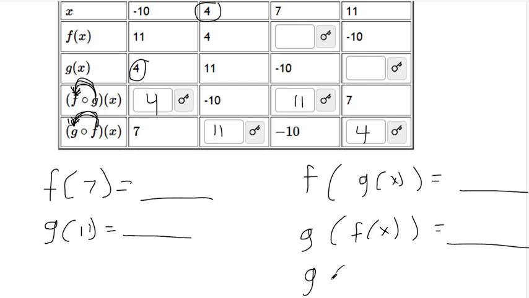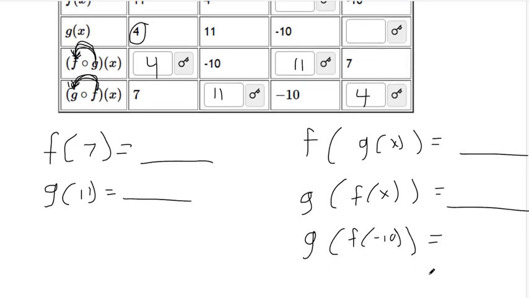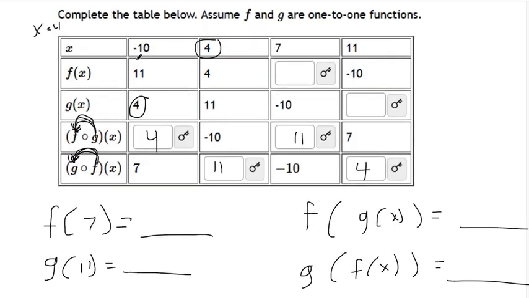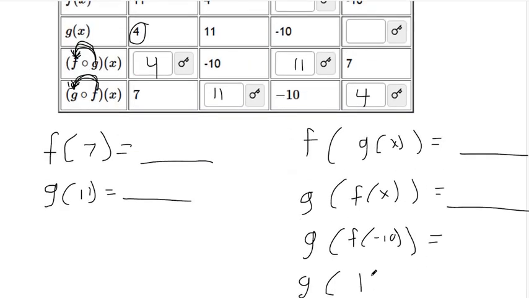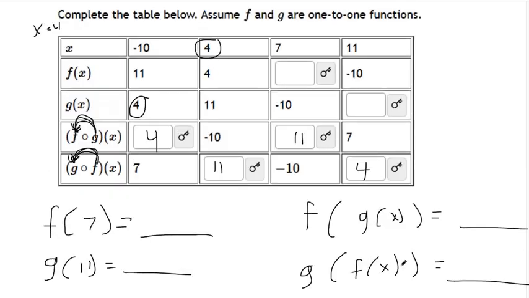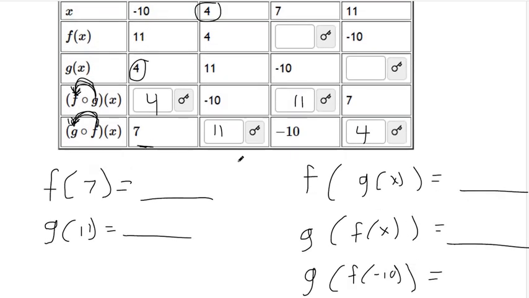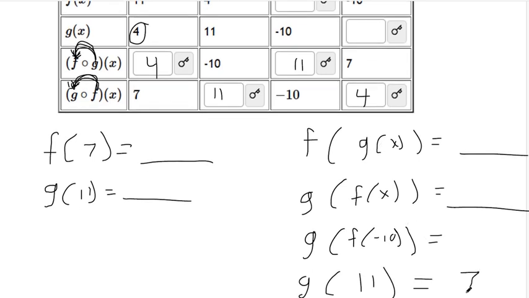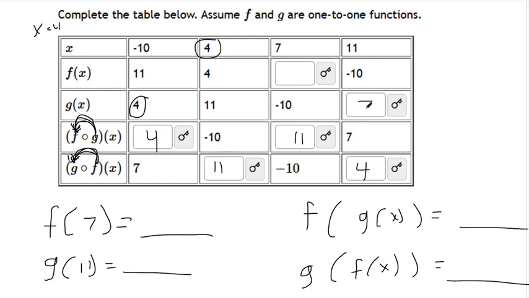So g of f of -10 would equal g of 11, since if you plug in -10 for x, you get out 11 for f. And I think we know that one. If you plug in -10, then this results in 7. Okay, so we just figured out that g of 11 is 7.